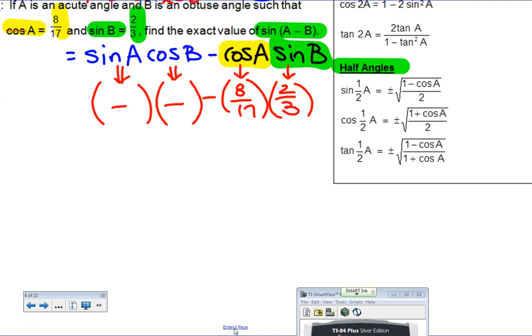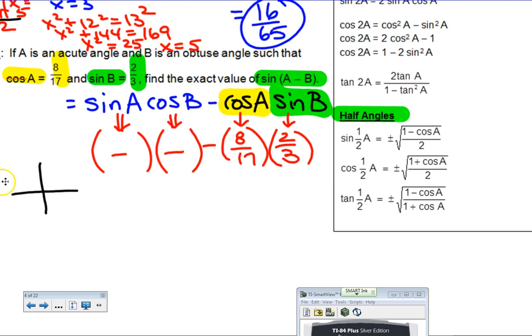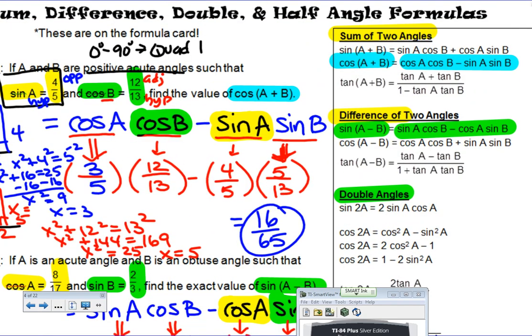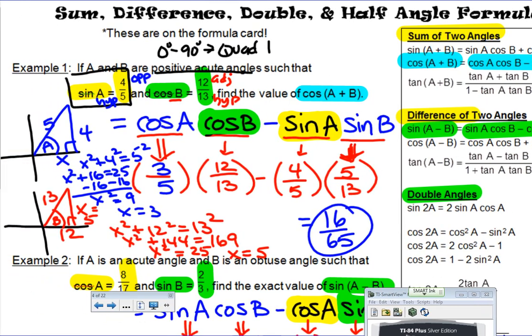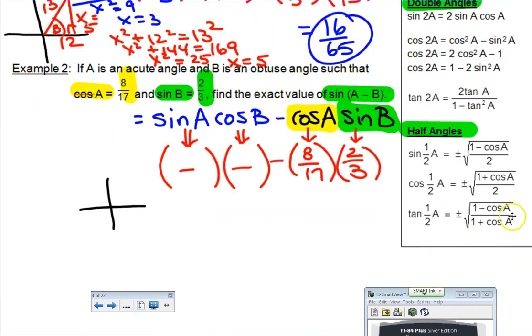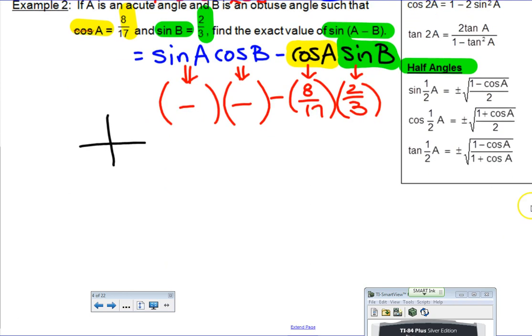So let's do the A angle first. We know that the cosine of A is 8/17.